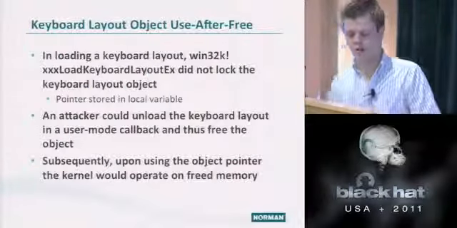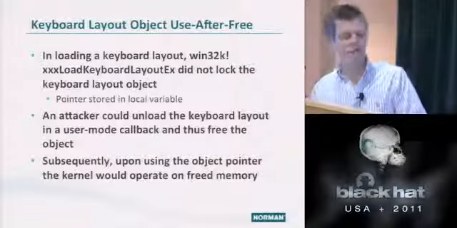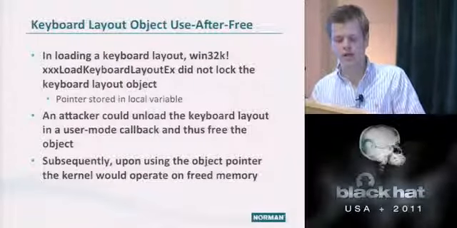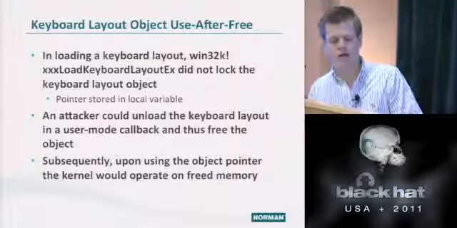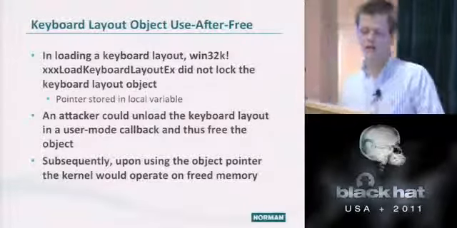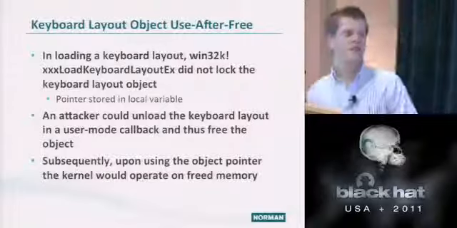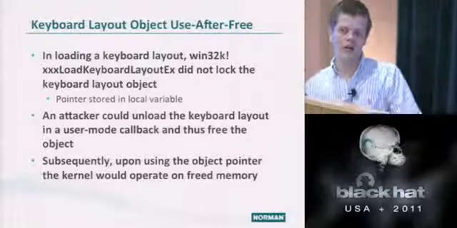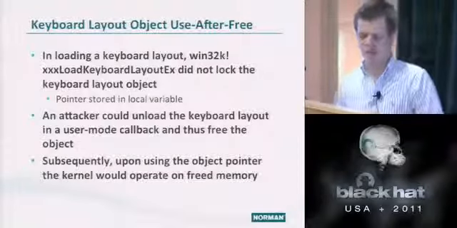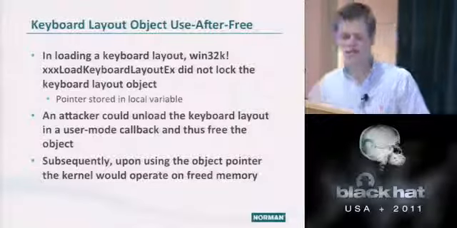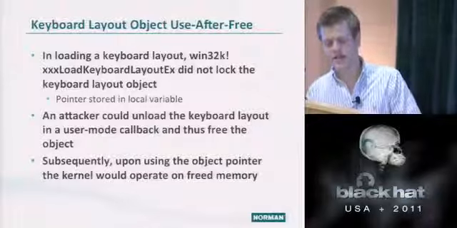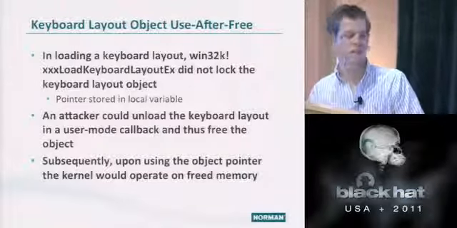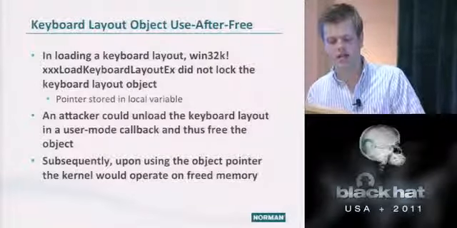Here's another one. This was in keyboard layout objects. So when you load a keyboard layout object, you can optionally call this function, and what that does is that it tries to unload a handle that you first provide. The problem with this was that Win32k did not, again, lock this handle. It simply got the pointer to the object.